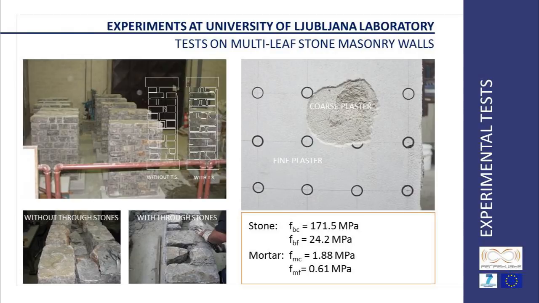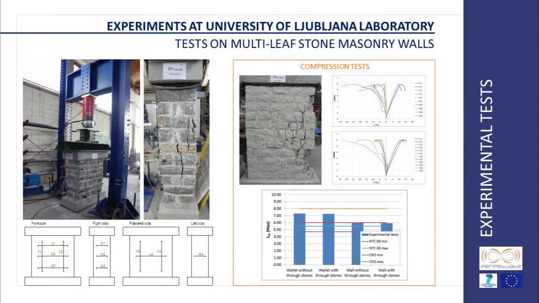In particular, the tests aimed at defining the maximum strength and displacement capacity of walls and at analyzing the mechanical behavior of applied plasters. 18 specimens made of limestone outer leaves, lime mortar with stone rubble inside, with and without connection through leaves, have been tested. The walls were finished with 2 layers of lime plaster. In the first phase, 4 compression tests have been carried out.